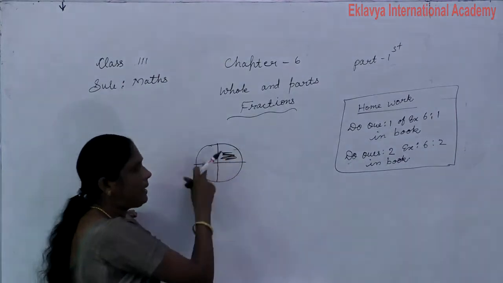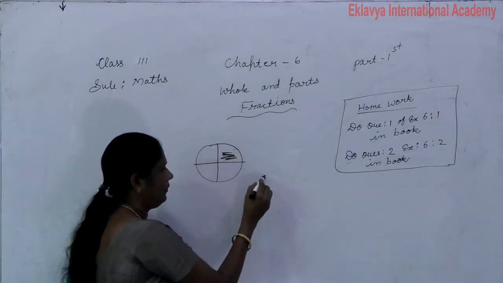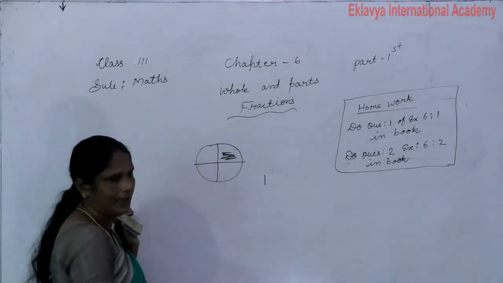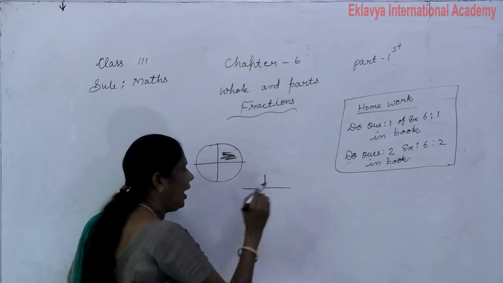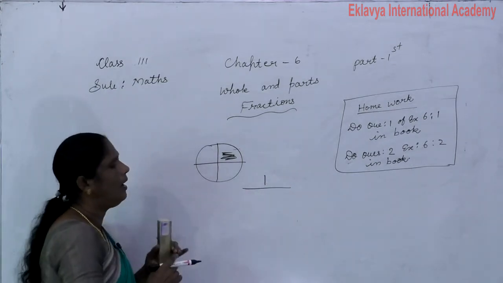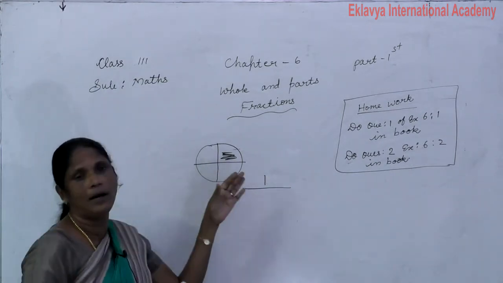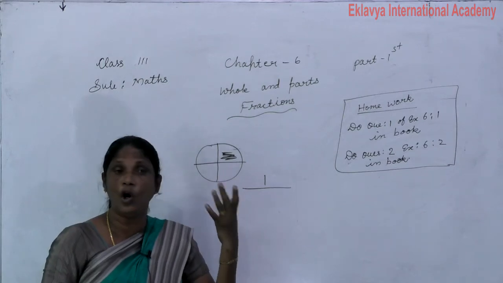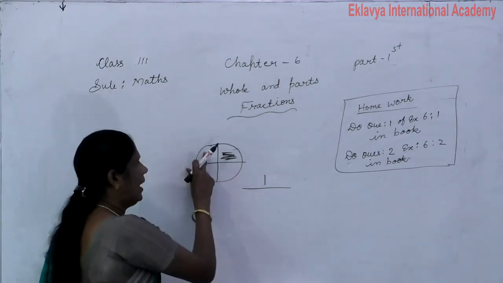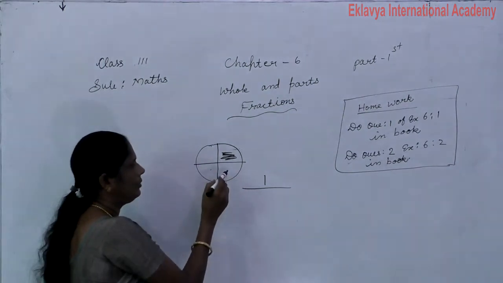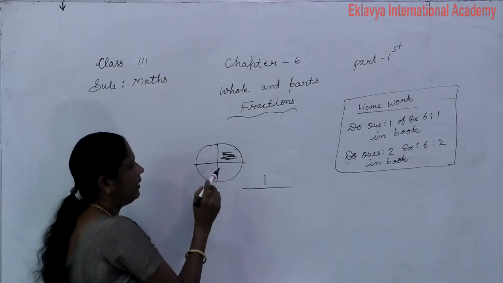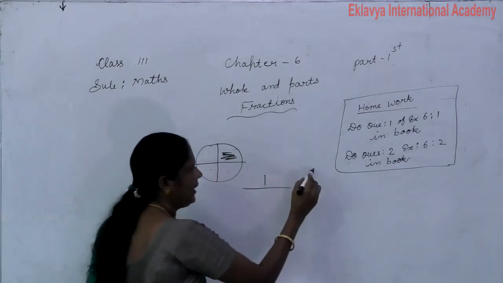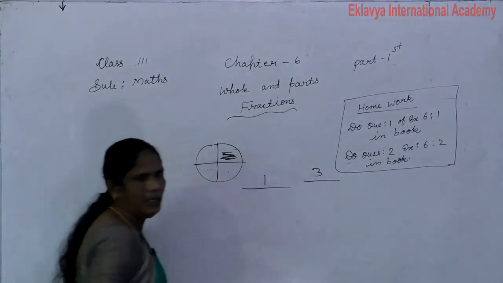How many parts did I shade? One part. First I write 1. Then you draw a line. Then how many parts are unshaded, not colored? 1, 2, 3. This is 3 parts. Then here I write 3.